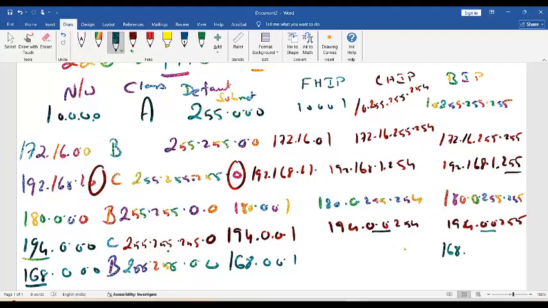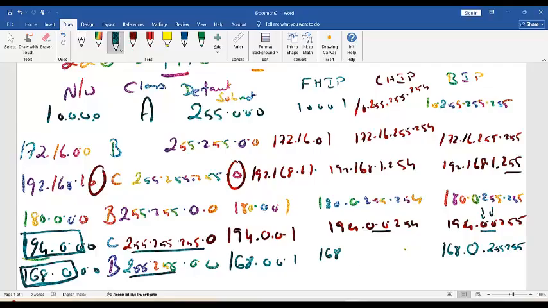The reason is two octets are masked, so this second number cannot become 255. Likewise, in your case, this second number cannot be other than 0. 168.0.255.255. Yeah. Last is 168.0.255.254. I hope you understood the mask story, right? Great.